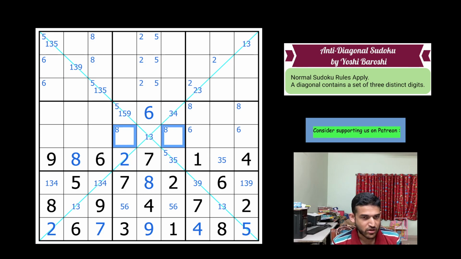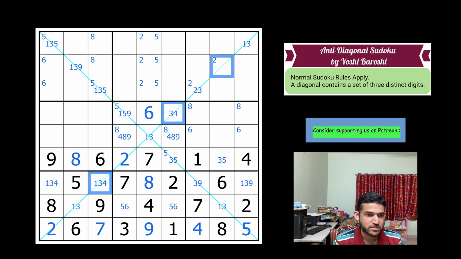And these cells cannot be 1 3, 2 6 and 7 or a 5, so they are 4 8 9, 4 8 9 and 4 8 9. Okay, so can this be a 4? 4 is forced here, 4 is forced here. That seems fine.